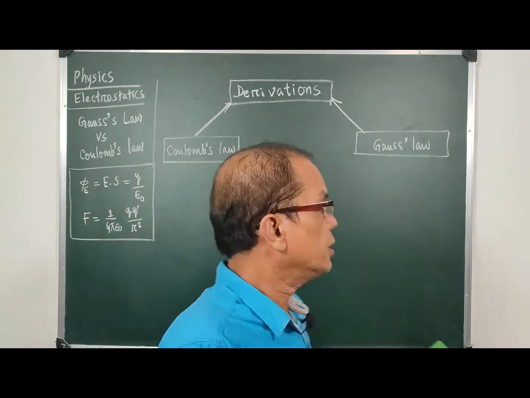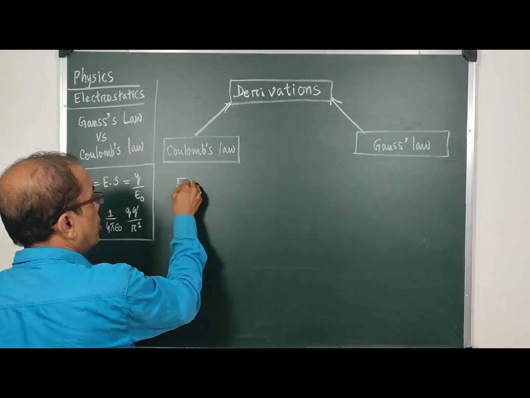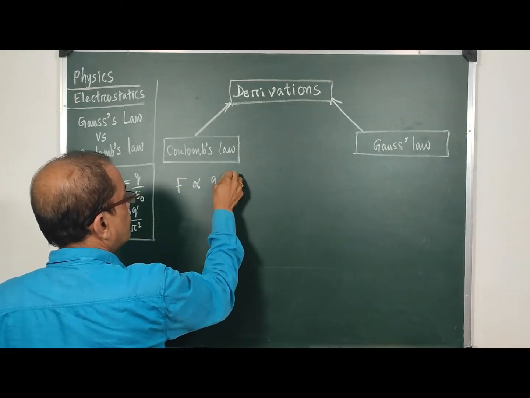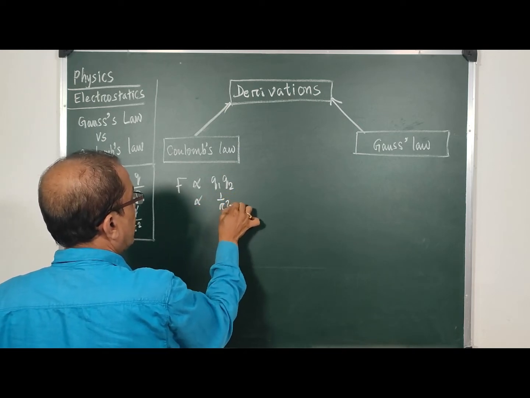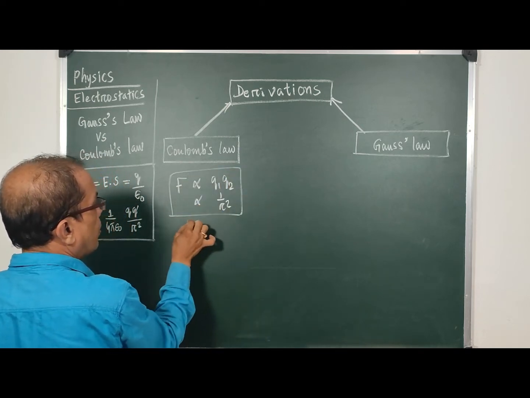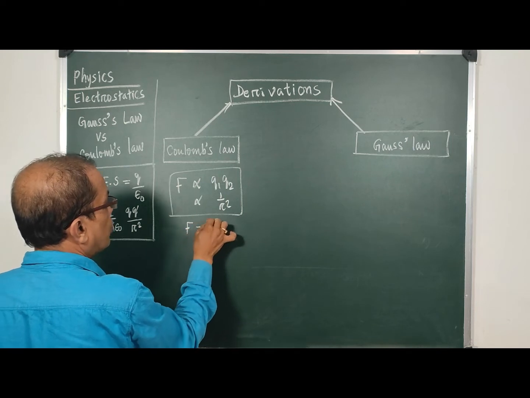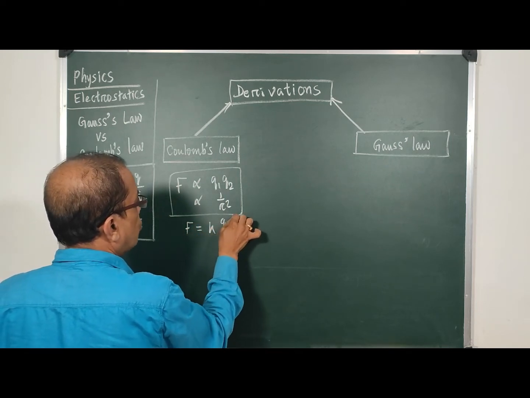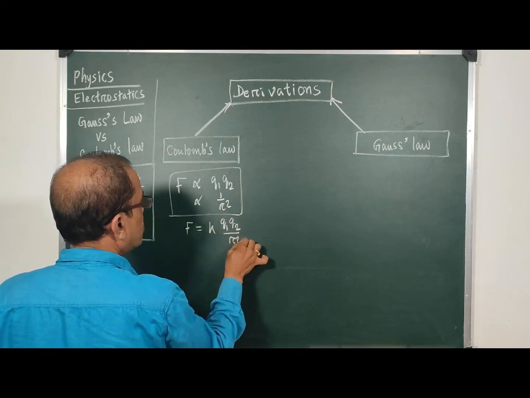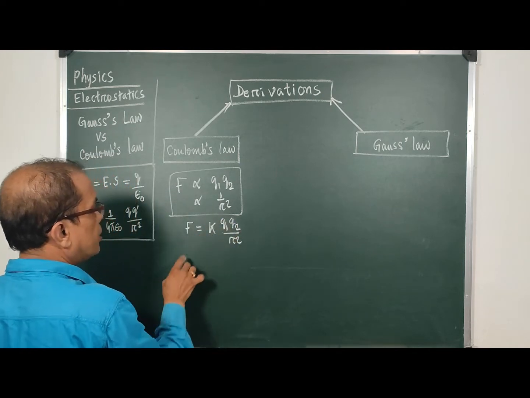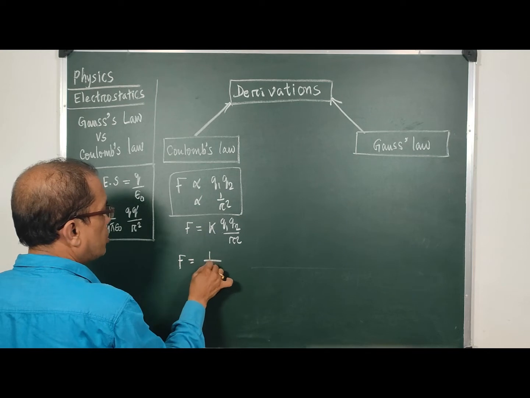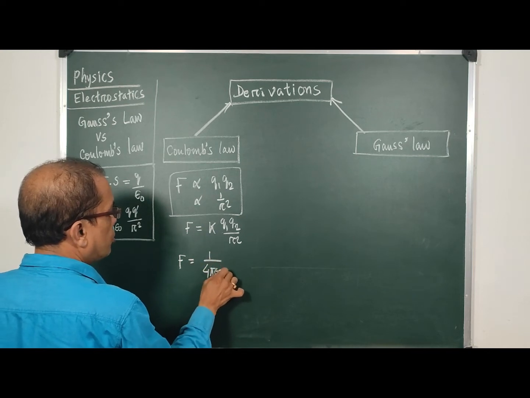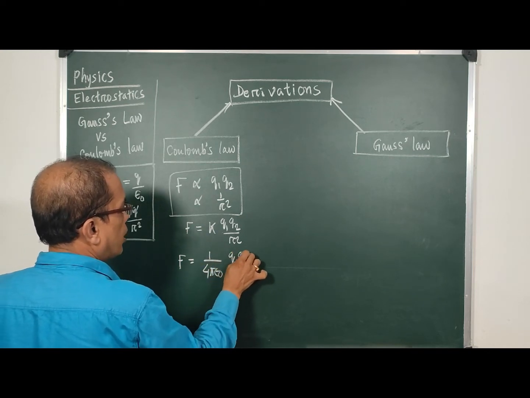For which we write F is proportional to Q1 Q2 and proportional to 1 by r square, and combining these two we find F is equal to K Q1 Q2 by r square, and putting the value of K, the proportionality constant, finally we reach F is equal to 1 by 4 pi epsilon 0 Q1 Q2 by r square.